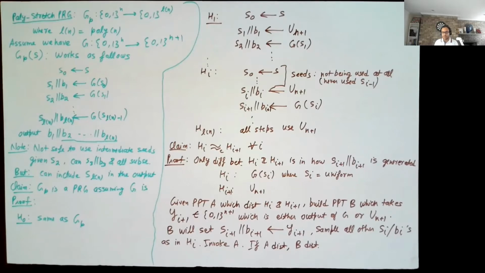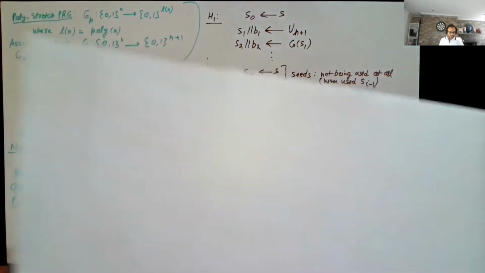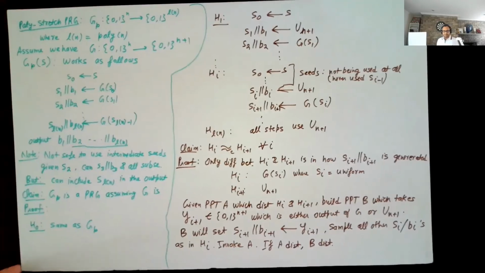Okay, any questions? So I have a small question, like why are we sampling all the other SIs and BIs? Shouldn't we, after we set the SI plus 1 concatenation BI plus 1, shouldn't we then apply the G again and again finally to give the output to the adversary?